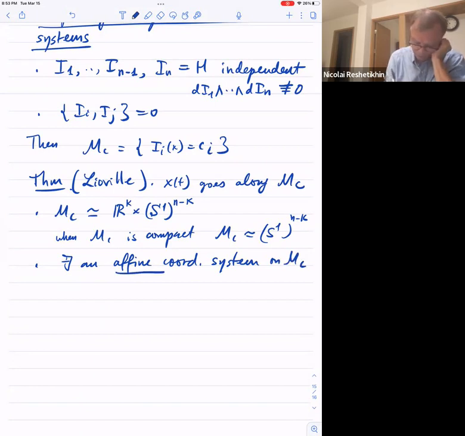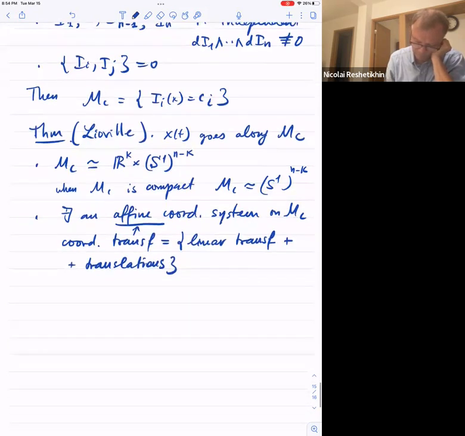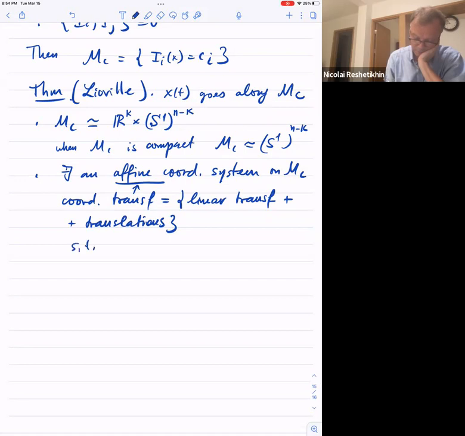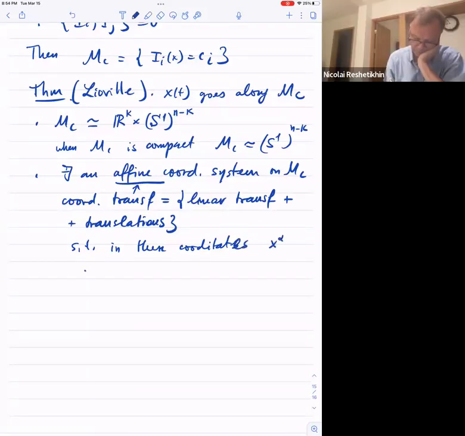Affine coordinate system means that coordinate transformations are a combination of linear transformations plus translations, such that in these coordinates, let's call them x_alpha, the dynamics is linear.